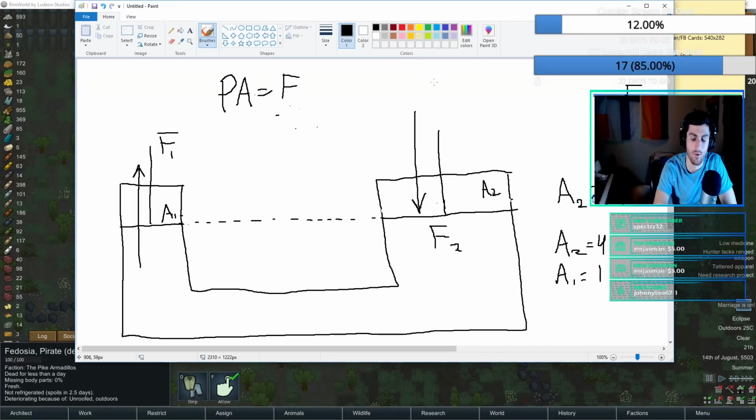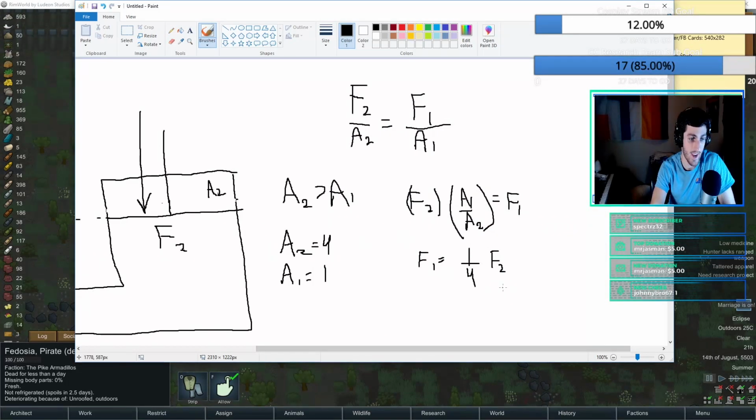I can't remember what this device is called, but it's a type of pump where you take the device and push down the fluid and it goes around, and then you have a little hole that pushes up. And so if you have an area that's 10 times greater, then you can multiply your force by 10 times.